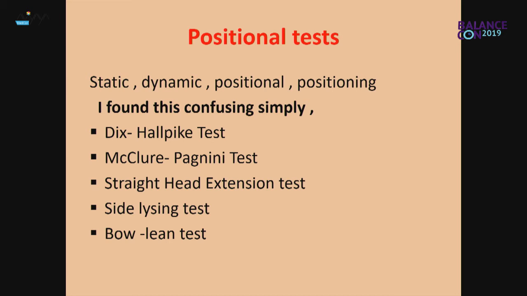And the bow and lean test, or Choung test. So I like to name the positional tests with such names, because they are very clearly described. You know what kind of position it is. But when you say positioning, positional, and all this, I found them confusing and not really of help.